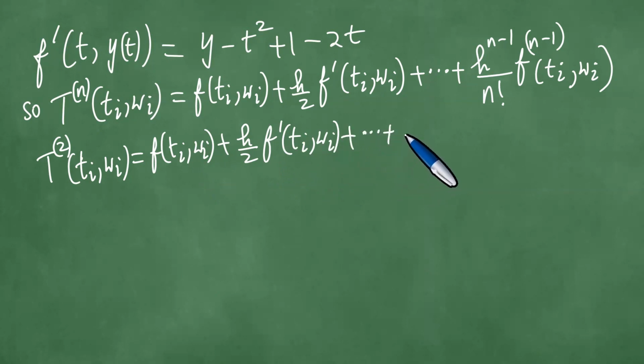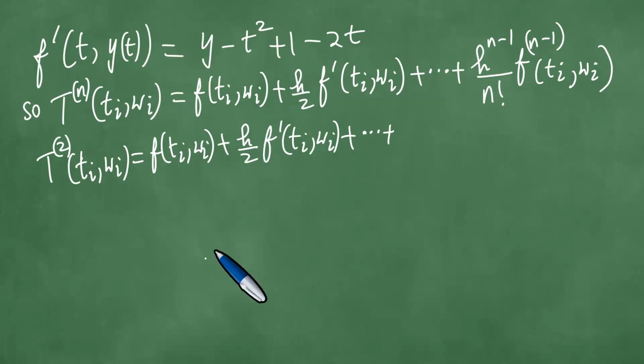Because if n is 2, then you put 2 here, it is going to be only h over 2 factorial.